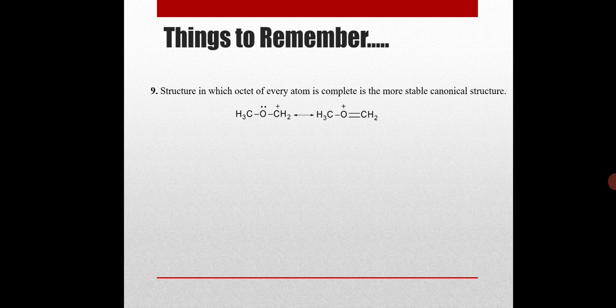These are the two canonical structures, but both do not contribute equally to the resonance hybrid structure. Which one do you think is more stable and which is less stable? The more stable structure contributes more to the resonance hybrid structure.